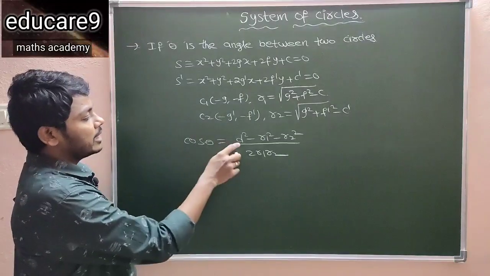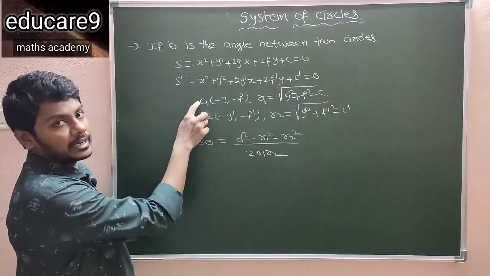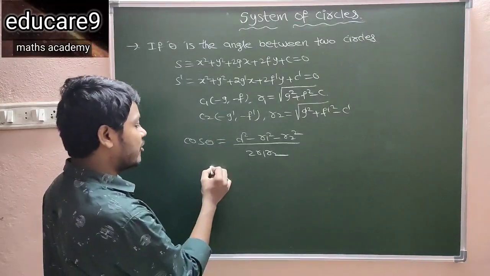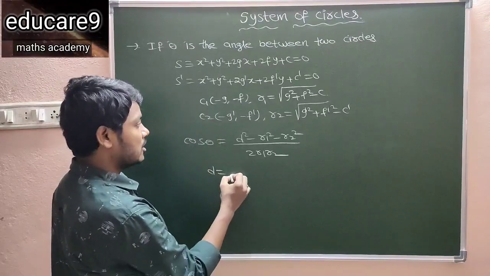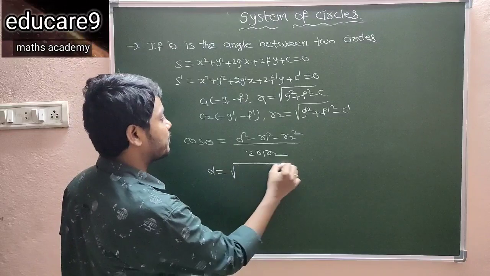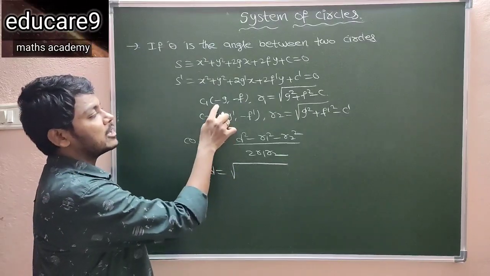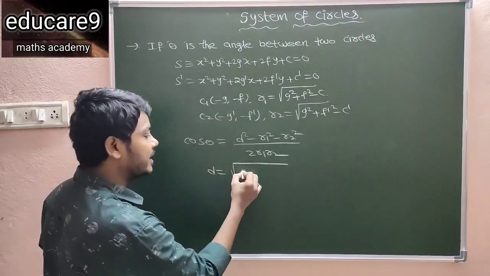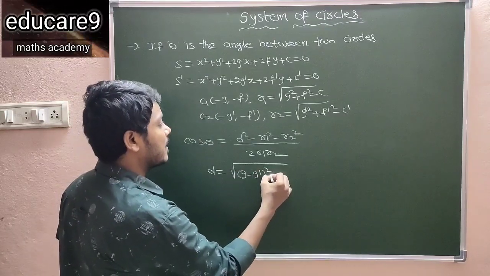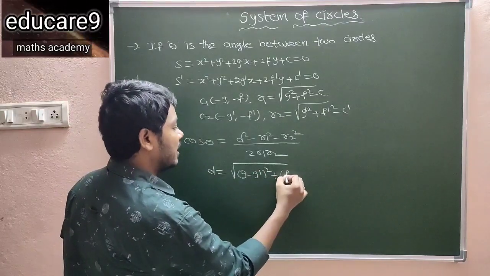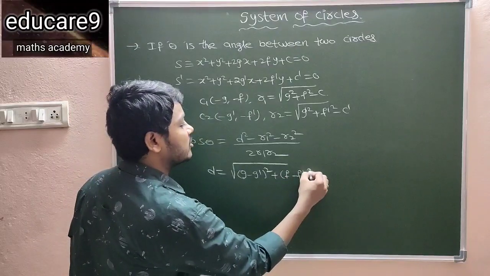Now see here, D is what? The distance between their centers. So find D. D is equal to the distance C1C2, that is the square root of, so see here, this is minus g dash minus of minus g. So we will get g minus g dash whole square plus f minus f dash whole square.